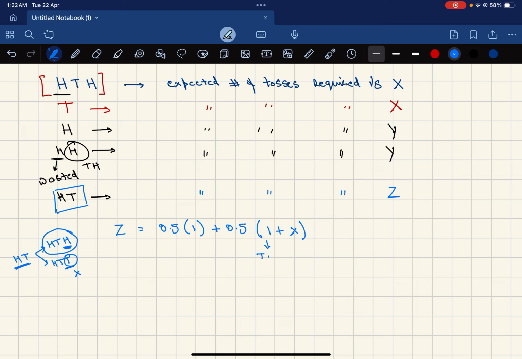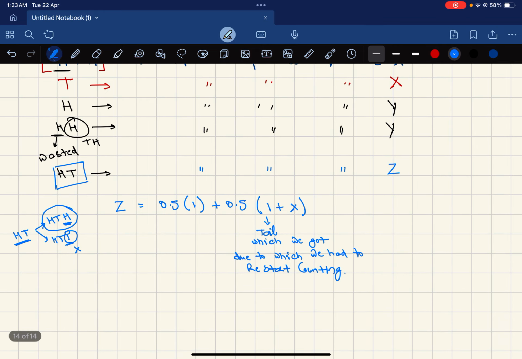So this is the tail which we got, due to which we had to restart counting. Okay, so now this could be written as z equal to 1 plus 0.5x.